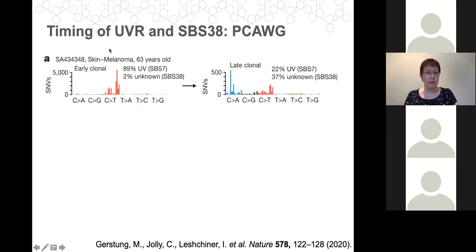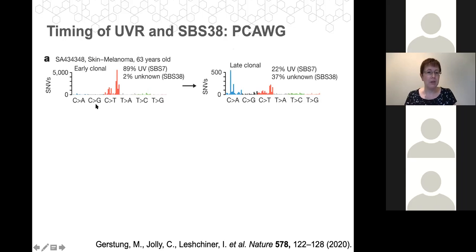So a little bit of work has been done to look at the timing of these signatures. Do these mutations as a result of these events occur early or later in the mutagenic process? And this was initially looked at by PCAWG, Pan-Cancer Analysis of Whole Genomes, where they looked at whole genome sequencing of more than 2,000 tumours from different cancer types.